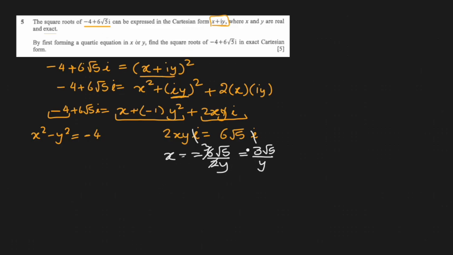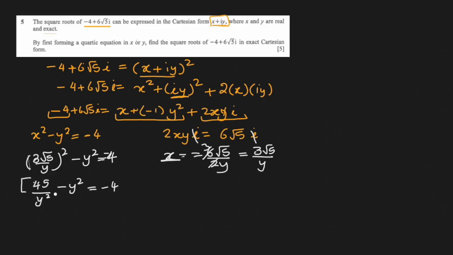Okay. And now I'll substitute this in the equation I got in the real part, which is (3 square root 5 over y) square, because x is this, but y square remains y square, minus y square equal to minus 4. Alright, so they wanted a quartic. We'll get the quartic how? 9 times 5, 45. The square of 3 square root 5 is 45, over y square, minus y square equal to negative 4. To get rid of this y square, I'll multiply the whole equation by y square.